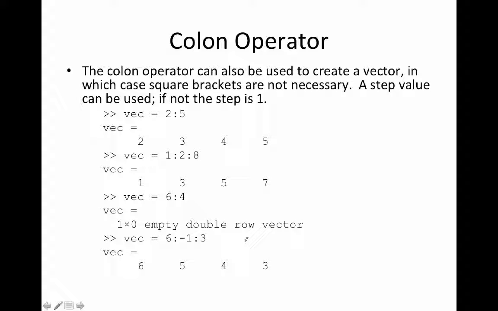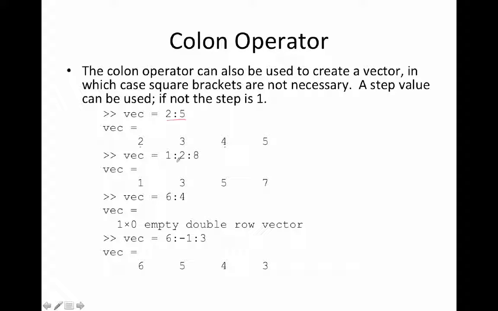The colon operator is very powerful. It can be used to create a vector in which square brackets are not necessary. The default step value with the colon operator is 1. Here's an example. A vector is 2 colon 5. That says I want all of the integers from 2 to 5 in the default step of 1. So in other words, I get 2, 3, 4, 5.